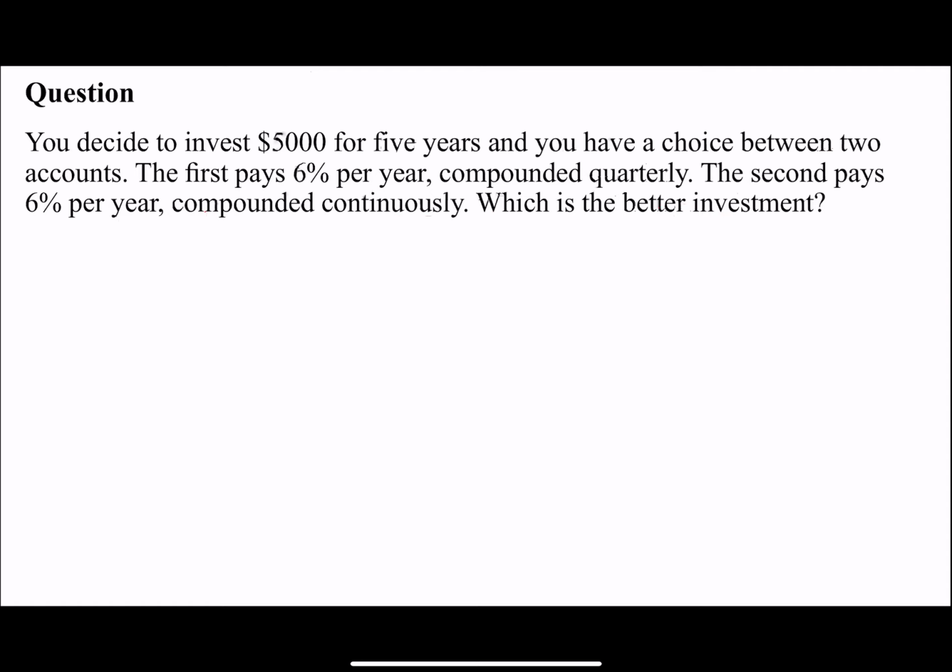Now another question. You decide to invest 5,000, so 5,000 is your principal, $5,000 for 5 years. So time is 5 years, and you have a choice between 2 accounts.